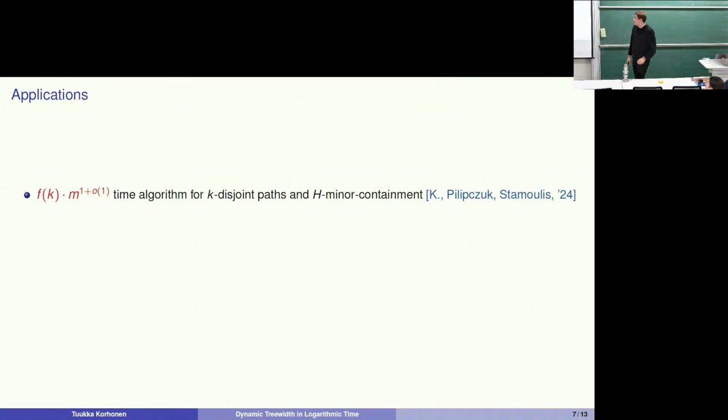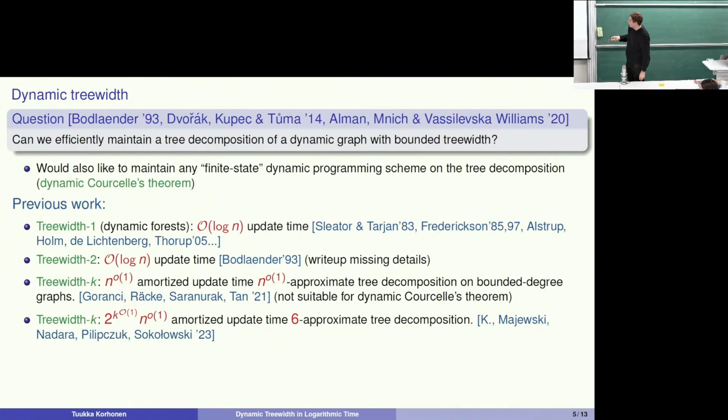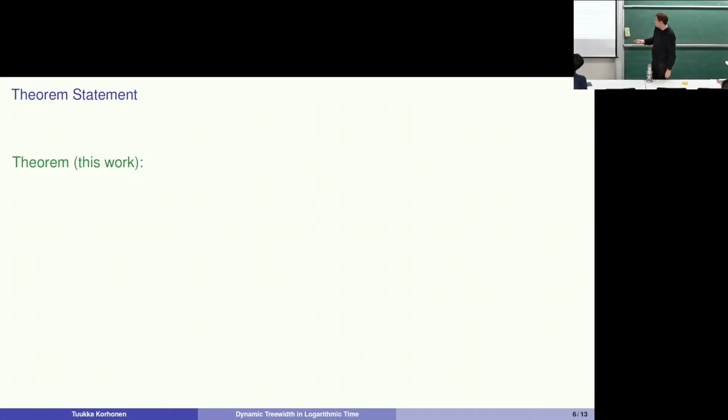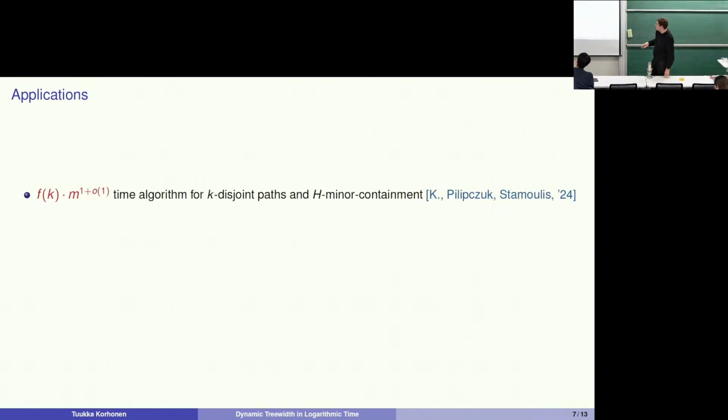But also, after the previous dynamic Treewidth algorithm that we did with people from Warsaw, we explored some applications of it. We used it to get an almost linear time algorithm for k-distant paths and h minor containment. This contains as an essential ingredient the previous dynamic Treewidth data structure.